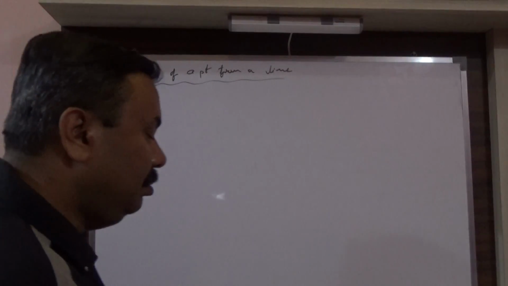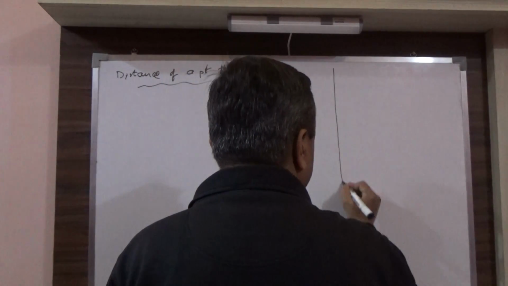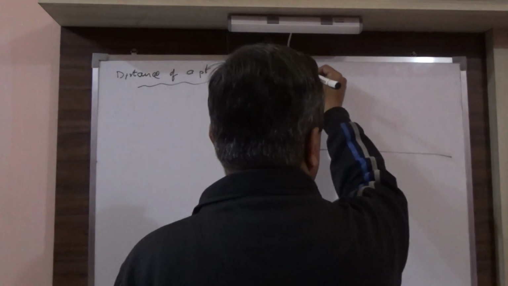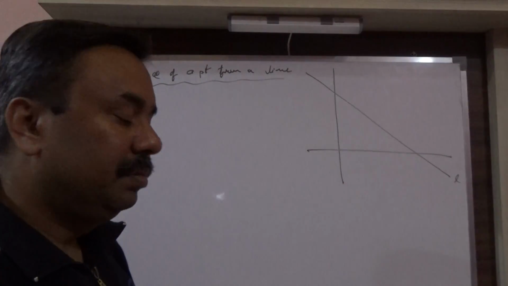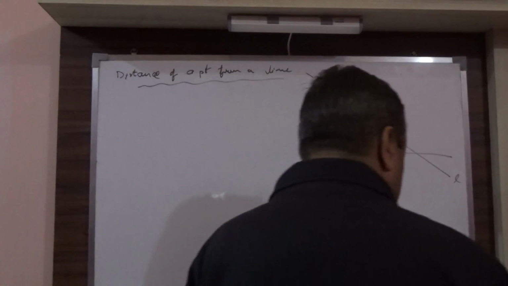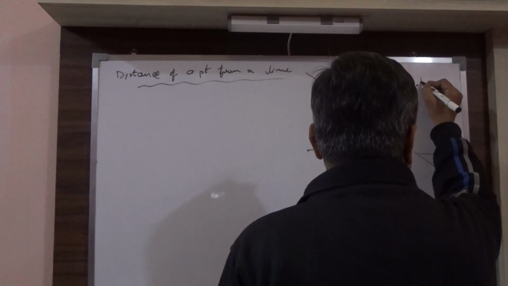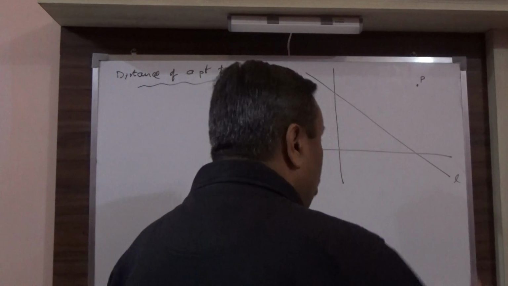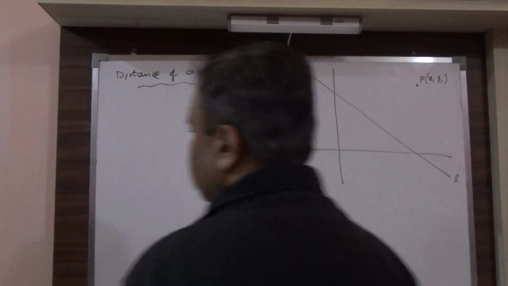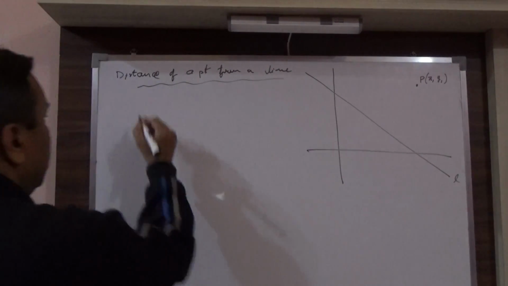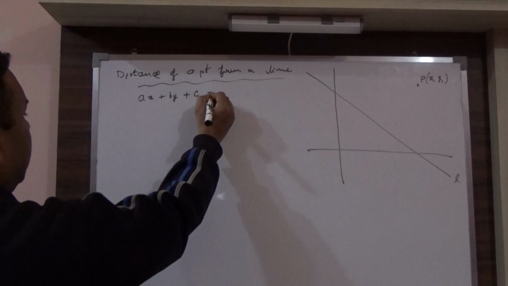Okay, suppose this is your line L. And this one is the point P, whose coordinates are given as x1, y1. The equation of the line is just ax plus by plus c equal to 0.